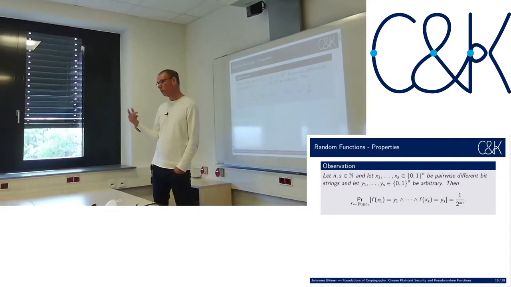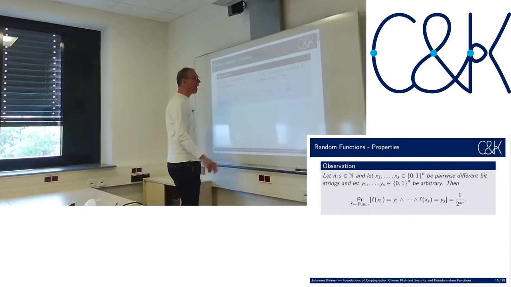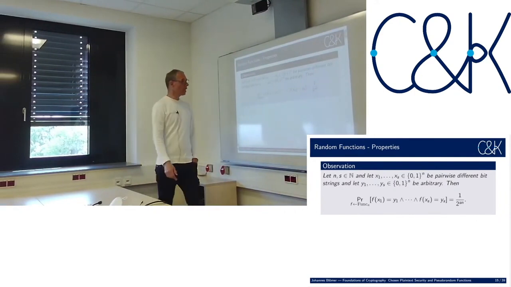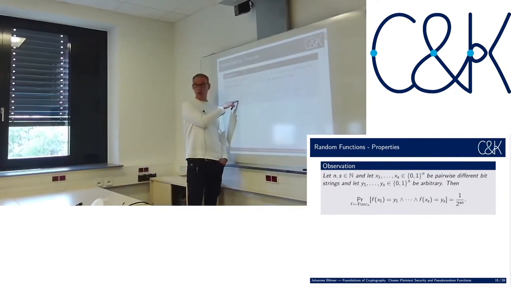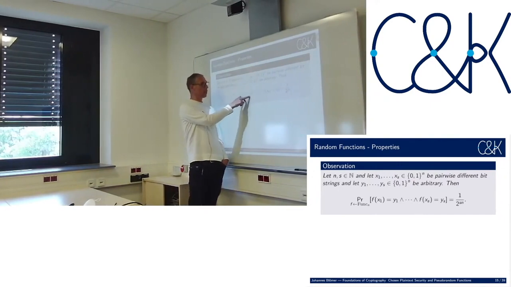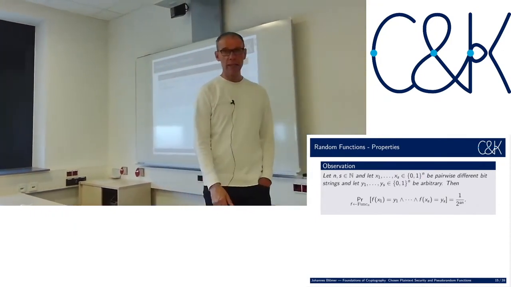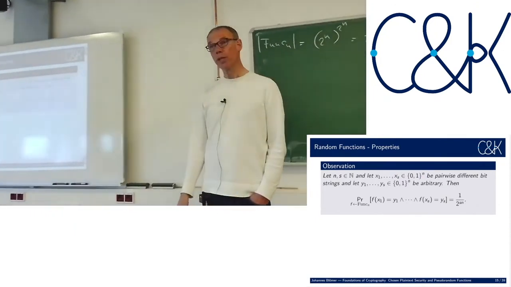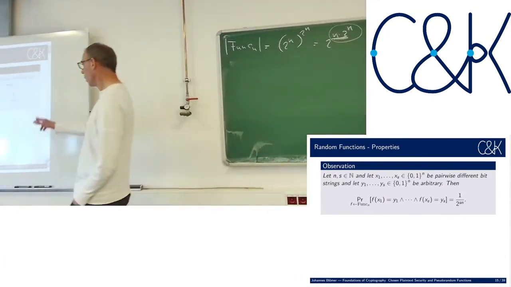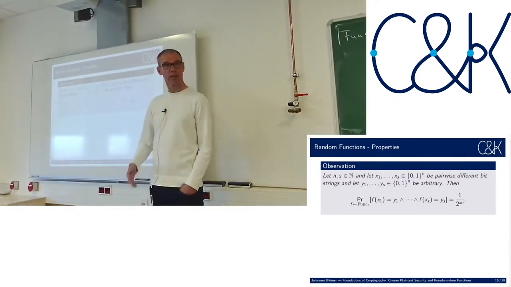So s should be less than 2^n, because otherwise it doesn't work. And let y1 through ys be arbitrary. They could even have repetitions. Then the probability over picking a function uniformly at random from Func_n that f(x1) = y1 and so on, f(xs) = ys, is 1 over 2^(s·n), which is 1 over (2^n)^s. Right?